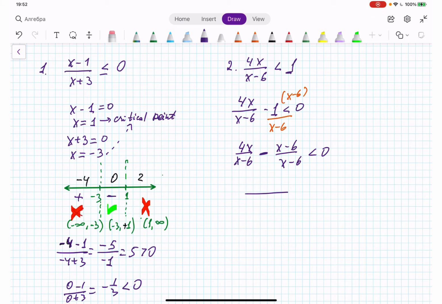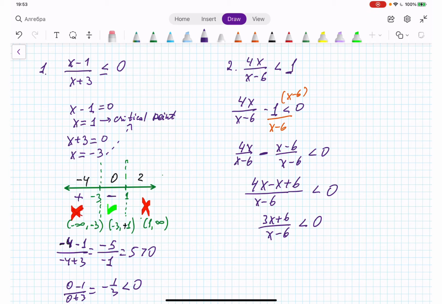Therefore, we are getting 4x minus x plus 6 over x minus 6 less than 0. Remember I mentioned in the video where I solved rational equations that a negative sign in front of a fraction we treat as a negative sign in front of parentheses. So therefore I flipped the signs: x was negative, became positive; 6 was negative, became positive. And we are getting (3x plus 6) over (x minus 6) is less than 0.